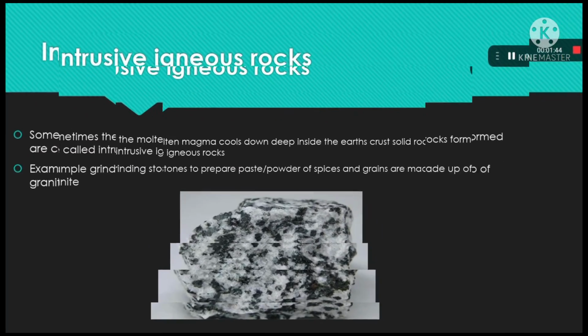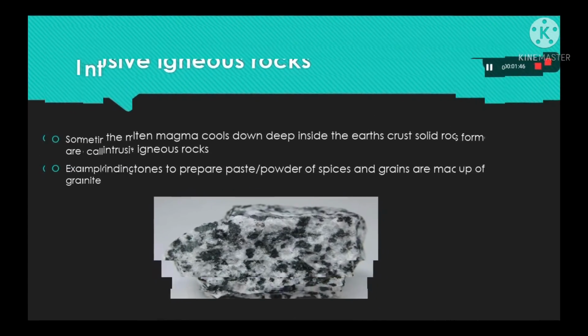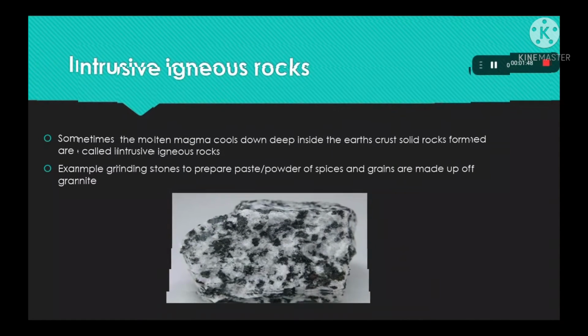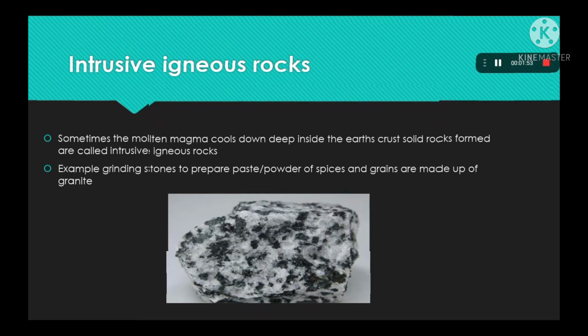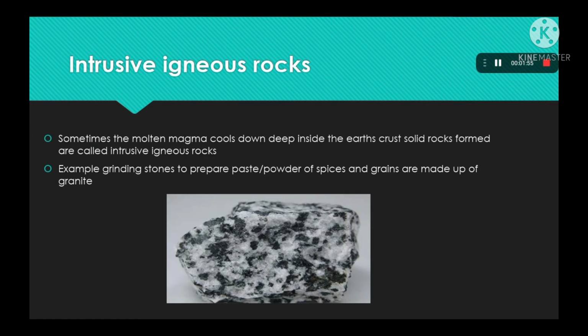First is intrusive igneous rock. Sometimes the molten magma cools down deep inside the earth's crust. The solid rocks formed are called intrusive igneous rocks. We have learned that there are three layers of the earth: crust, mantle, and core.